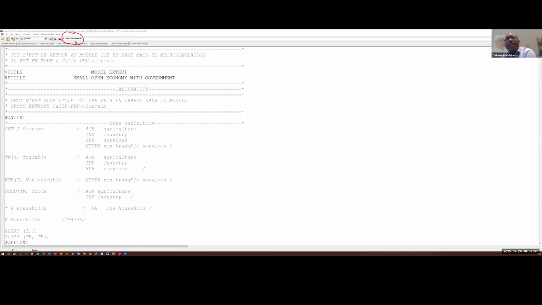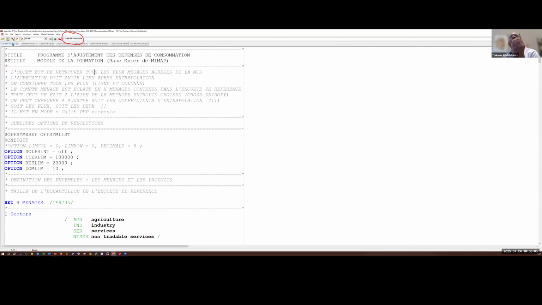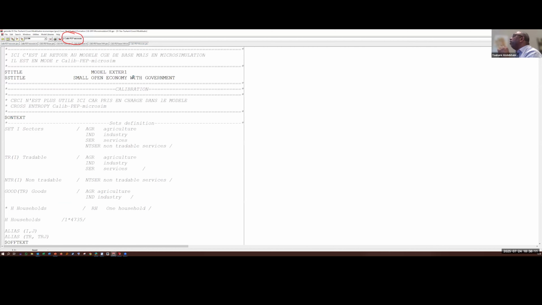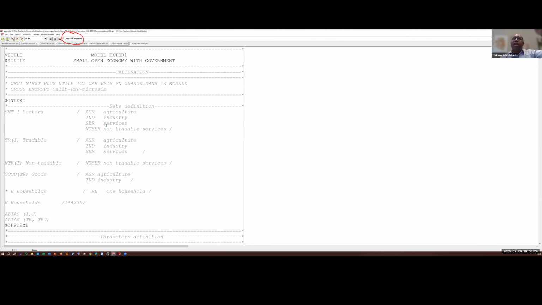Now we put exactly the same thing, but with a small letter. Before it was S, for saving, and now it's R. R is for retrieve. So in the first one, it's save, then retrieve. Here, I asked it to use the solution from that fourth part. And here we have the model.